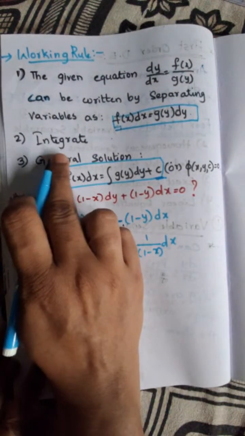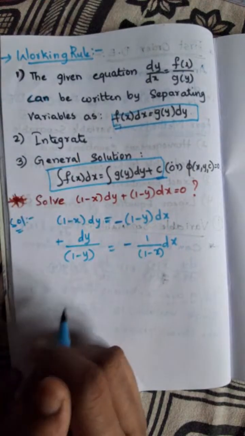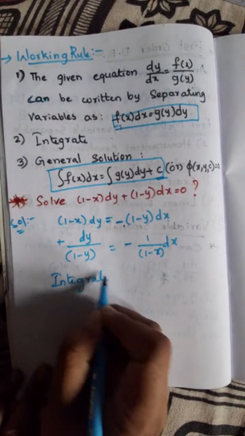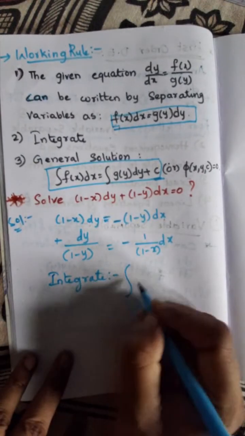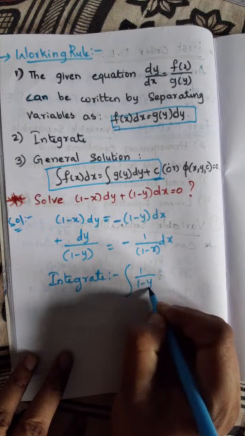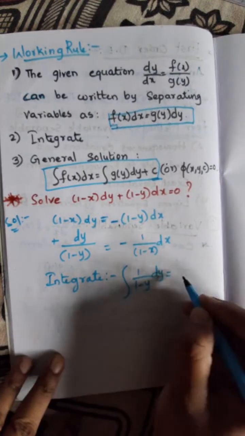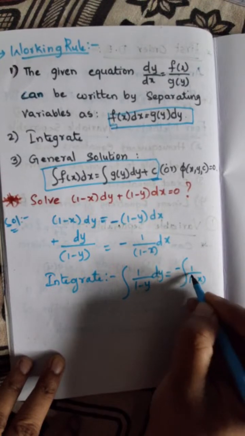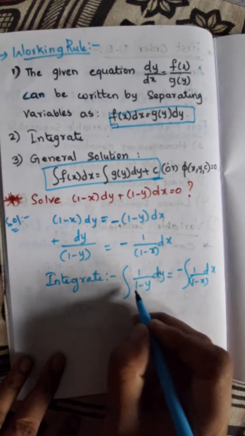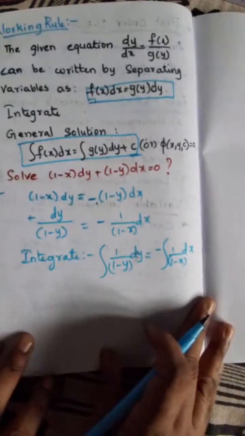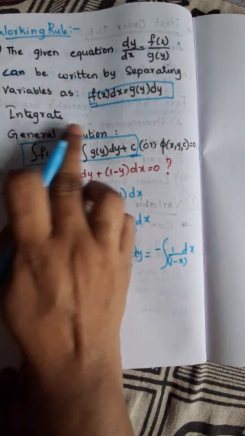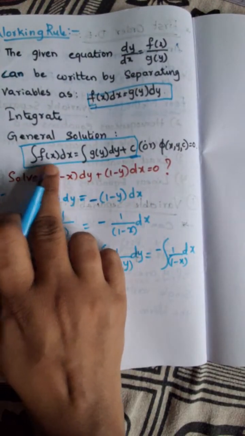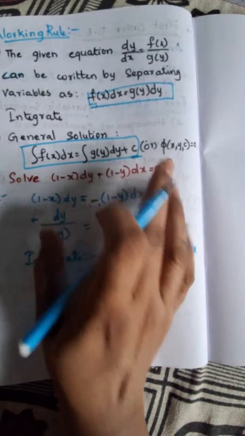So the next step is integration. Second step: integrate. The integration of 1 by (1 minus y) dy is equal to minus the integration of 1 by (1 minus x) dx. Now we have to apply the general solution: f of x dx equal to g of y dy plus c.